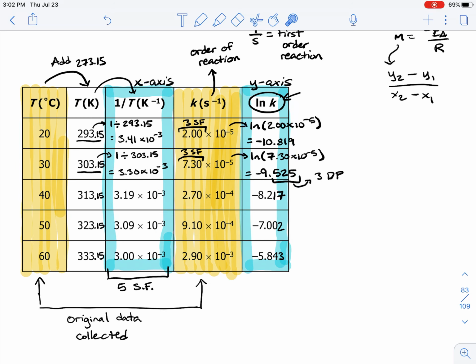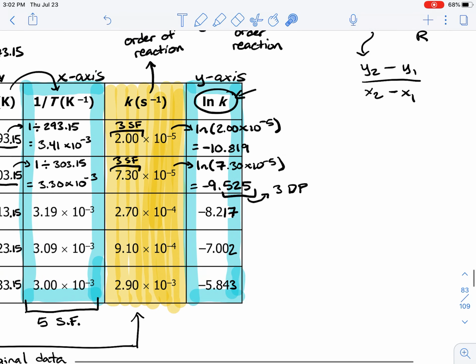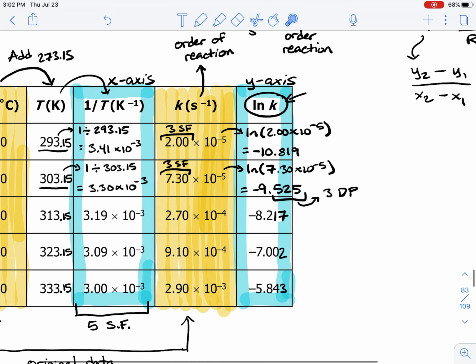You are not going to be using these points when you calculate the slope, because the x and y axis for the straight line is represented by natural log of k and the reciprocal of temperature. And so I'm going to use this point as my first point, and this as my second point. But once again, since this is a straight line, you should be able to use any of these points if it's a perfectly straight line.